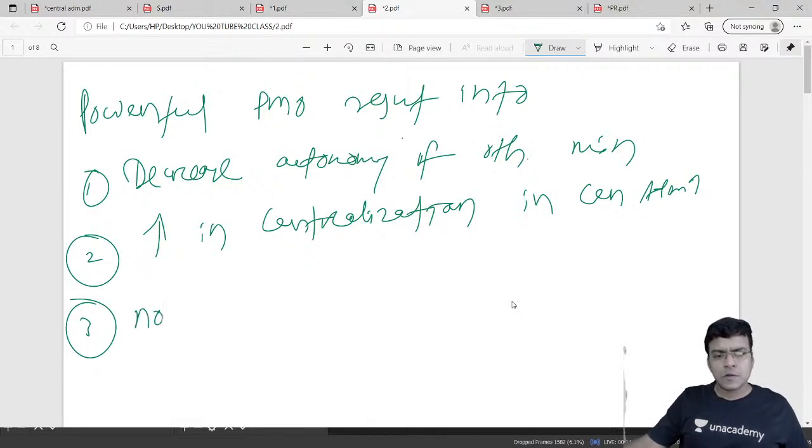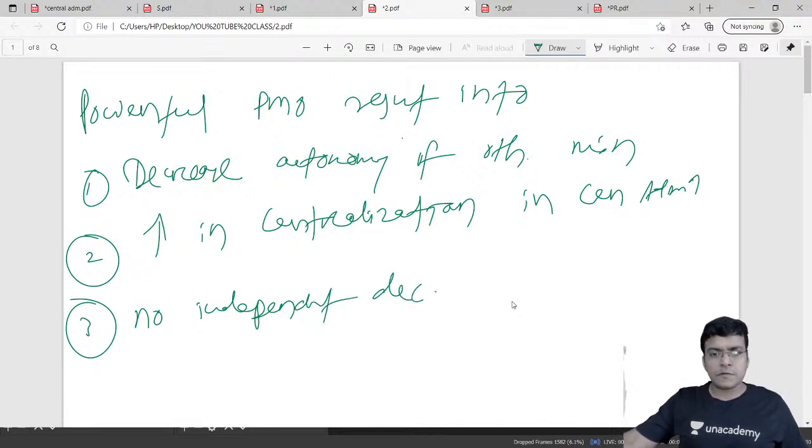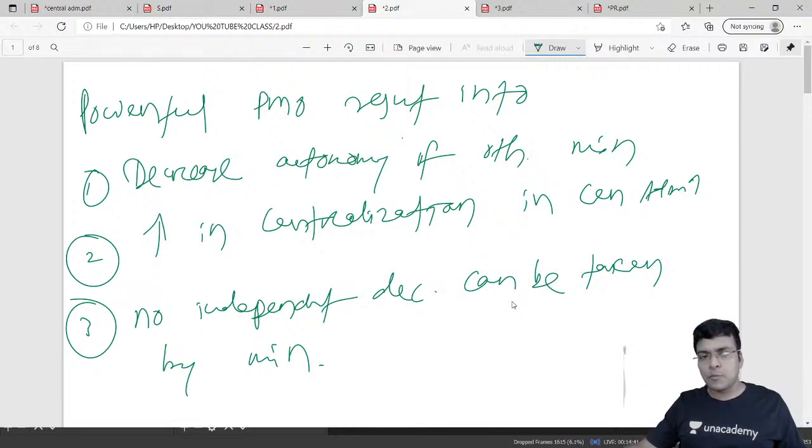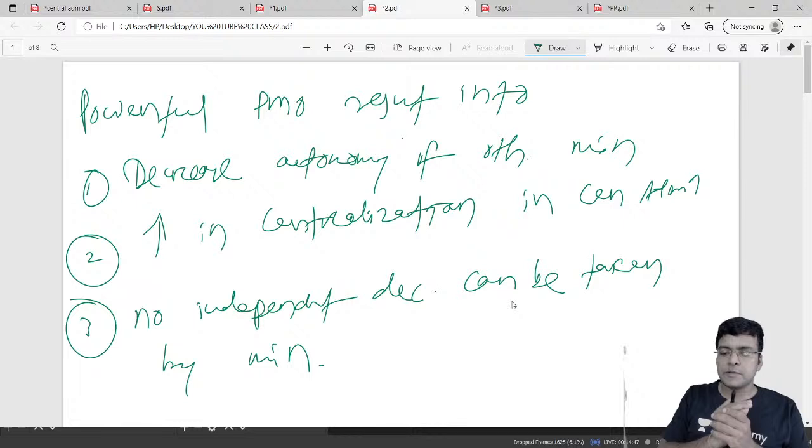So no independent decision can be taken by a different ministry. This is the main drawback, the main problem with an overpowerful PMO. When every ministry is duplicated here, no ministry can take any independent decision, and they need to take clearance from the PMO for any and every decision. This was the main problem.